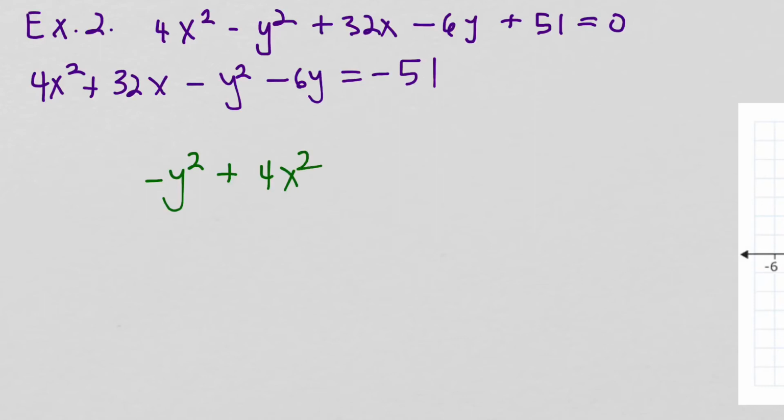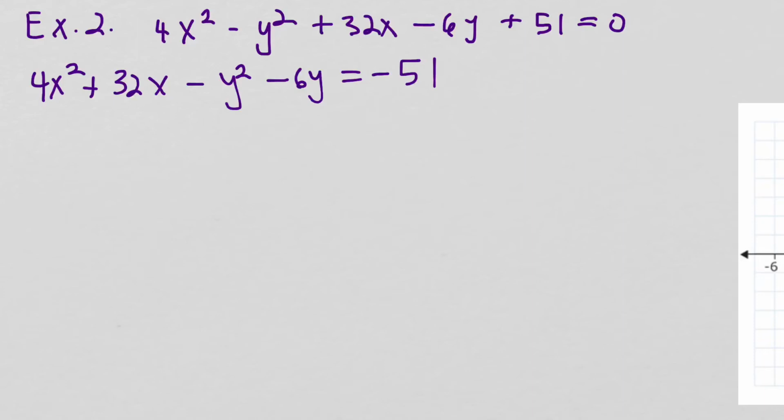What you want to do is switch them so that your first term is the positive term and your second one is the negative term. That way our rule that we use for determining the way it cuts through the orientation of our graph holds. So put the positive squared term first, and if you do it that way every time, you'll get the hang of the graph pretty easily.